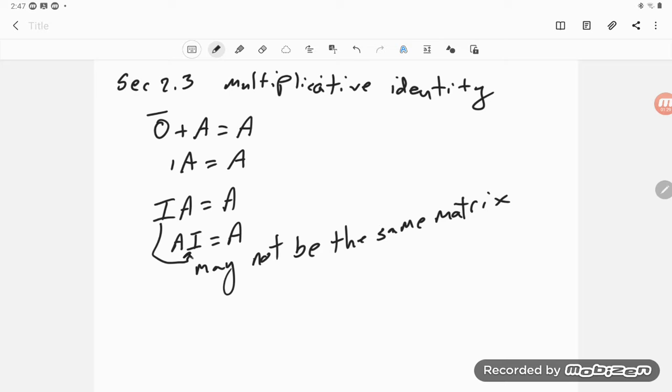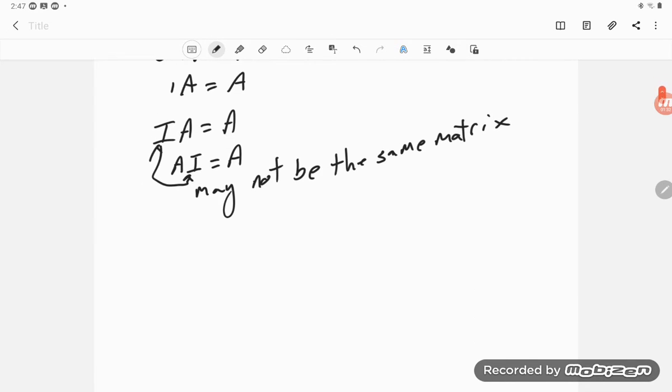And what we mean is that, remember, if A is m by n, then if I multiply on the left by something, I times A, well, then the I here has to be something by m in order to make that multiplication work. On the other hand, if I take A times I, then I has to be n by something, otherwise the multiplication won't work.